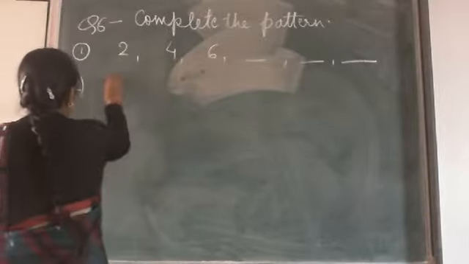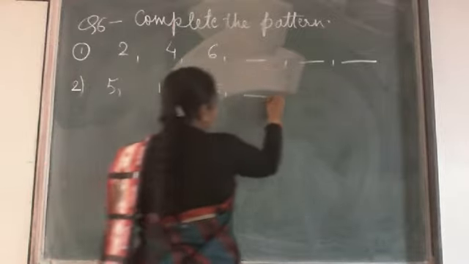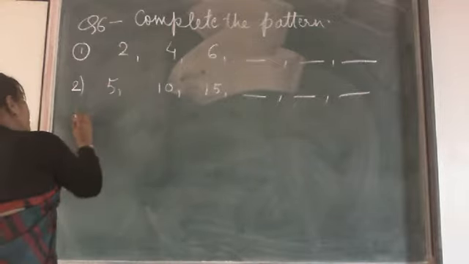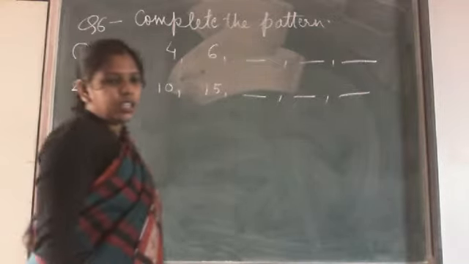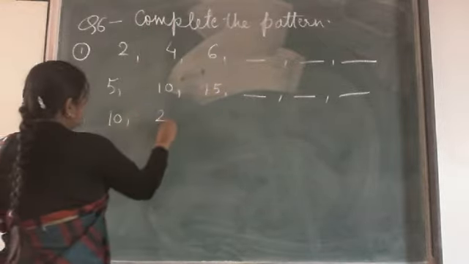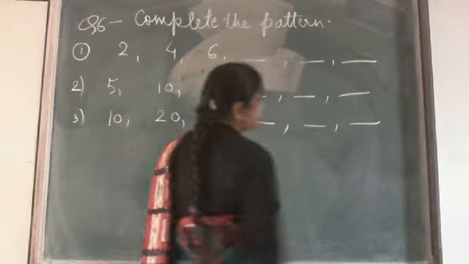Now the second question: 5, 10, 15, dash, dash and dash. I will give you time to write. Third: 10, 20, 30, dash, dash and dash.